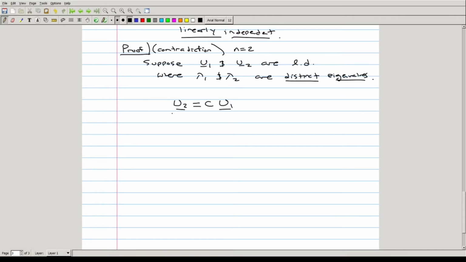In which case, we can multiply both sides of this equation by the matrix A, and apply the eigenvector relationships for the eigenpairs, lambda 1 u1, lambda 2 u2, to get lambda 2 times u2, and c times lambda 1 u1.